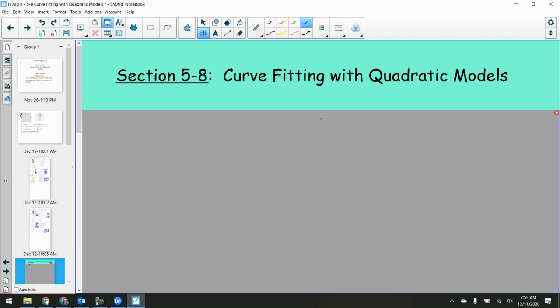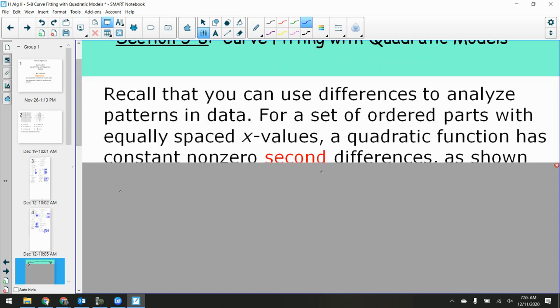I don't know what type of scenario this would be, but it happens from time to time, okay? So what we're going to be looking at now and in the future are different ways that data can come out to be, and then the different functions that we could try to match to it, right? Today, we're going to talk about quadratic models. So basically the goal for today is taking different pieces and creating the quadratic, okay?